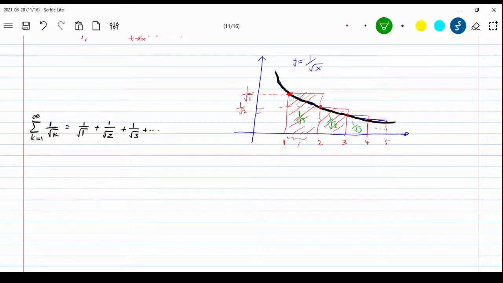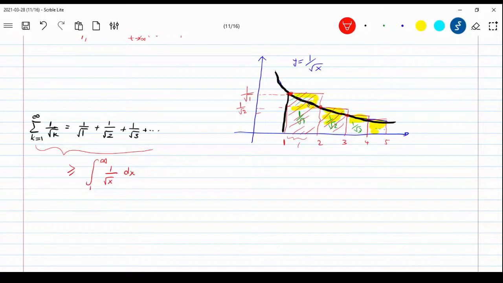So if I add up all these areas, I'm overestimating the integral from 1 to infinity of 1 over square root of x, which means I'm saying that this summation is definitely greater than or equal to the integral from 1 to infinity of 1 over square root of x dx.